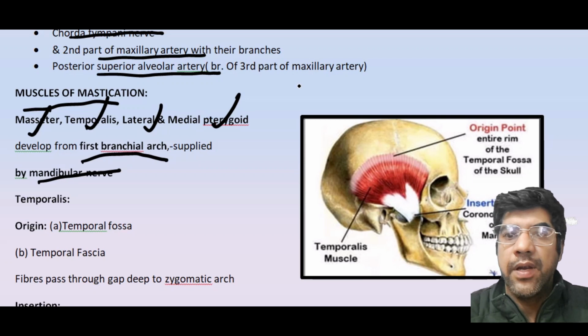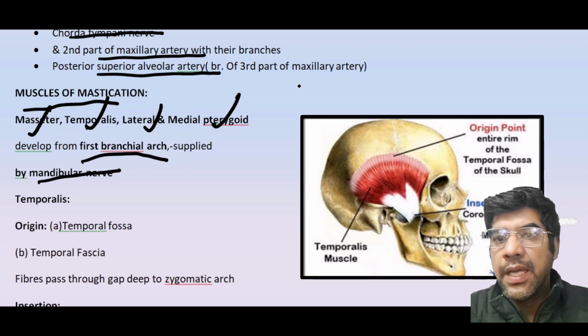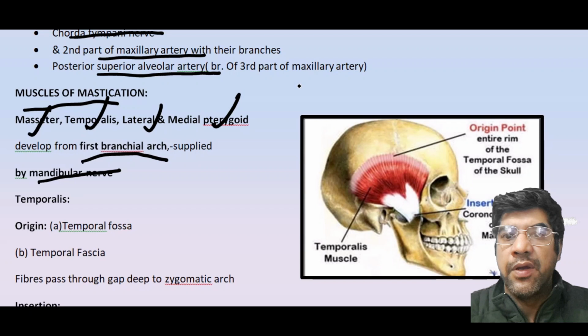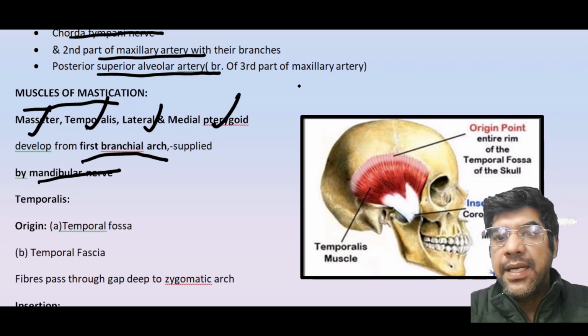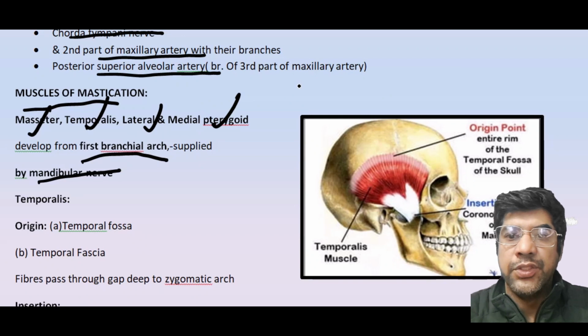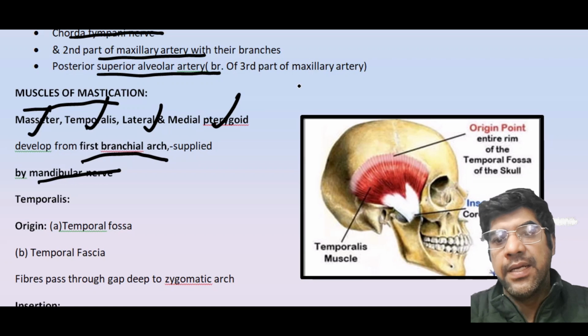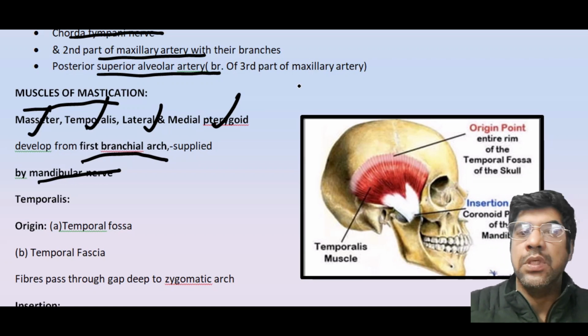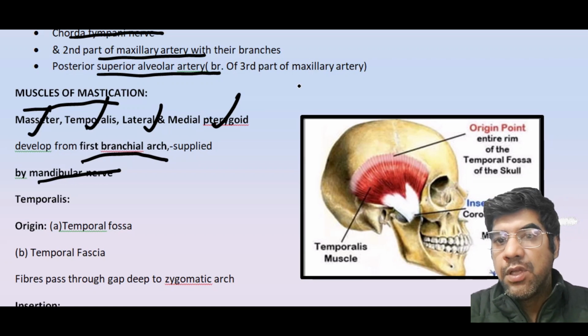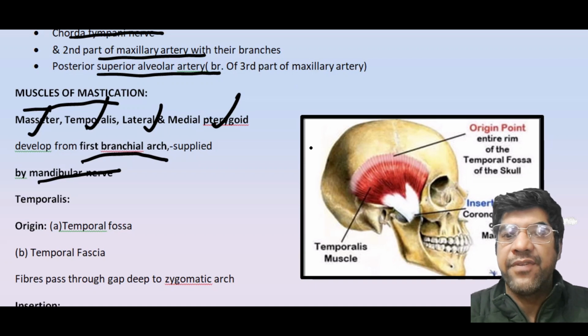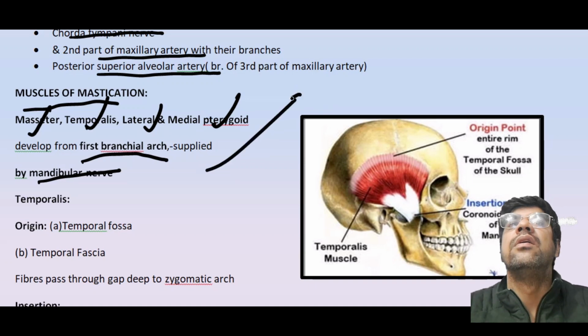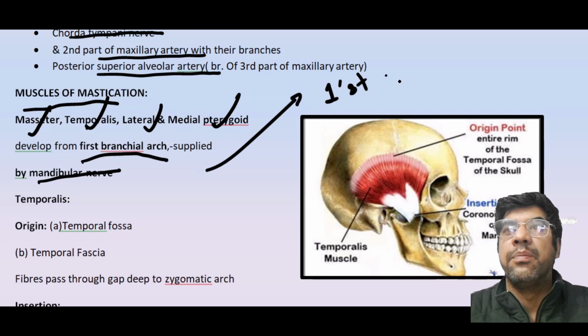The lateral pterygoid is involved in jaw opening. It originates from the greater wing of sphenoid and inserts into the mandibular condyle. The medial pterygoid muscle is involved in jaw closing and originates from the medial surface of the lateral pterygoid plate and inserts into the mandible. These muscles develop from the mesoderm of the first branchial arch.